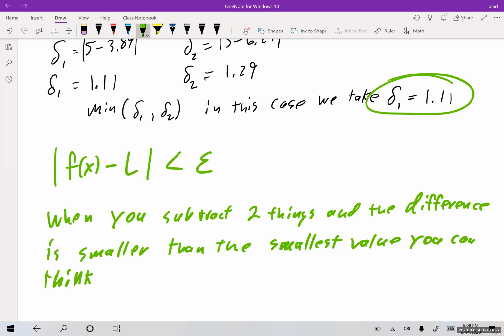Now, this is not actual math. This is just us kind of summarizing. Smaller than the smallest value you can think of. And this is what you often hear as arbitrarily close.